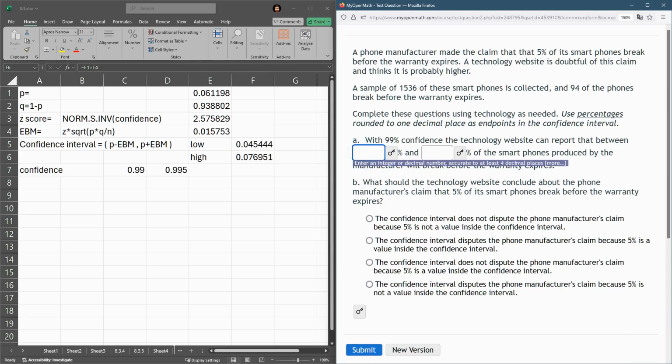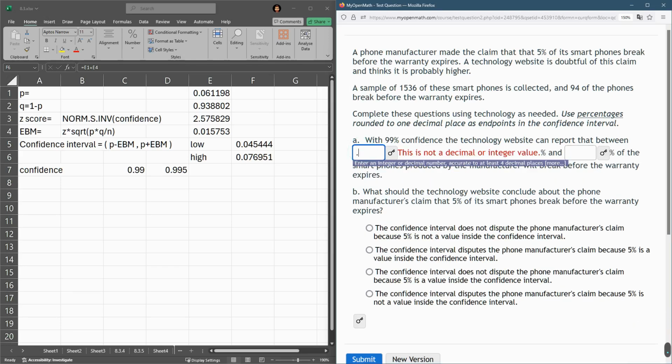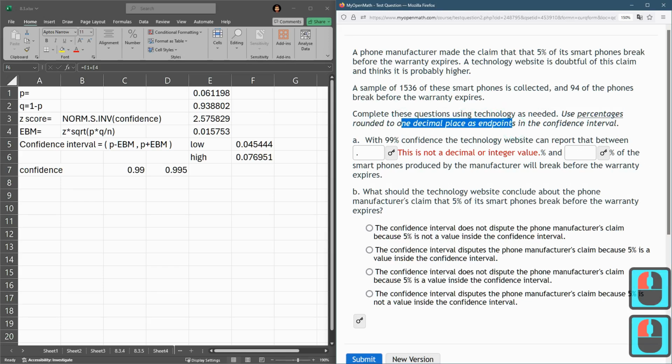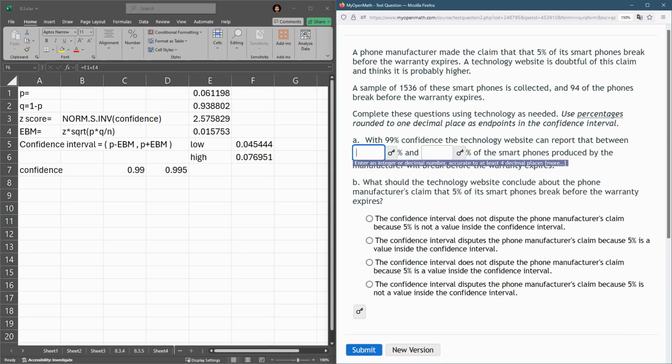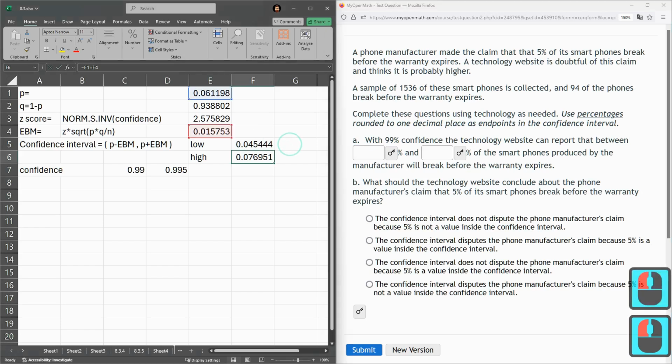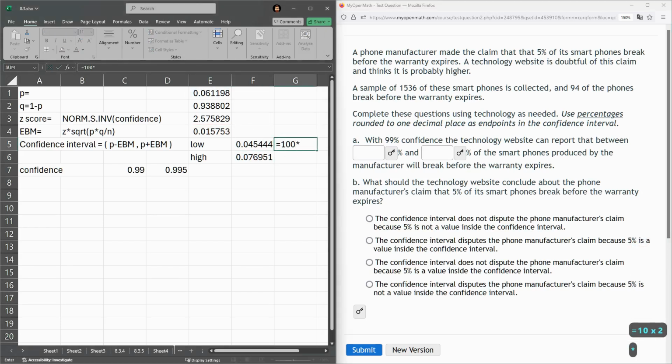I'll just type in these. They do want to round to 1 decimal place. And they are expecting percentages here. So keep that in mind. I'll turn these into percentages. Equals 100 times this value.